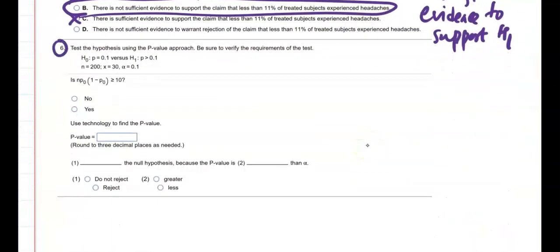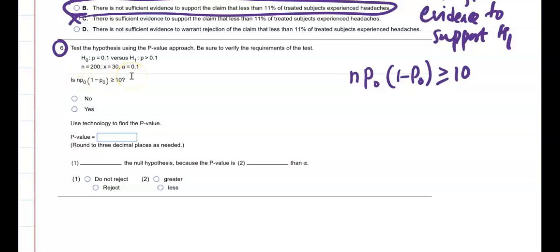Question number 6. Test the hypothesis using the p-value approach. Be sure to verify the requirement for the test. One of the main requirements is n p0 (1 minus p0) greater than or equal to 10.